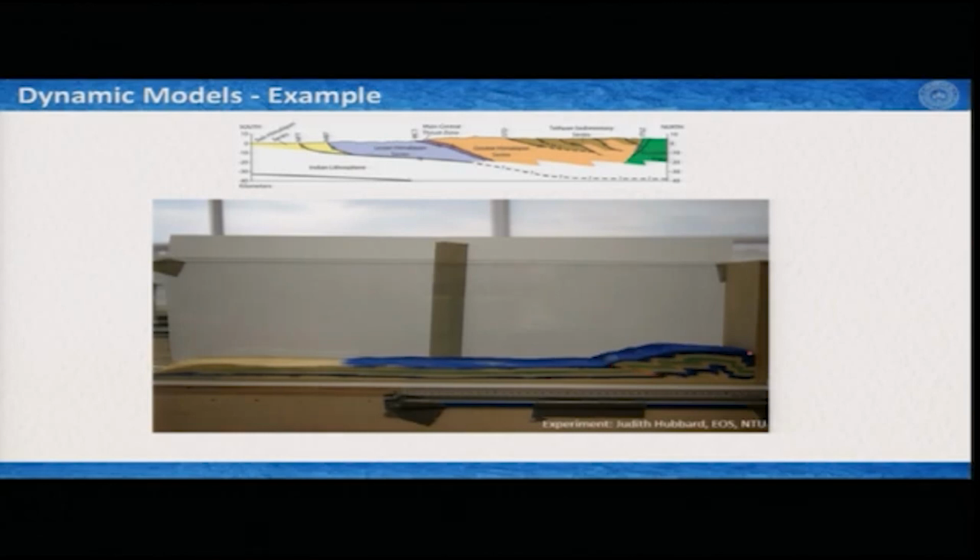What we see here, with more displacement, is that a series of thrust faults are being formed.